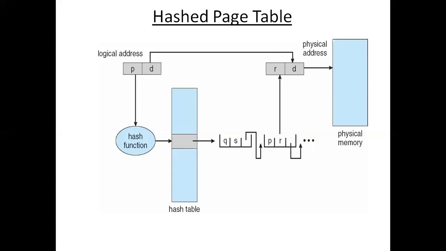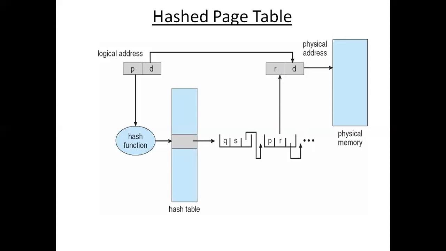So in this case, instead of having an entry for each page number of each process, you apply the hash function, and for each hash function you have a linked list assigned. Once that mapping has been matched, only then you consider the corresponding frame number.